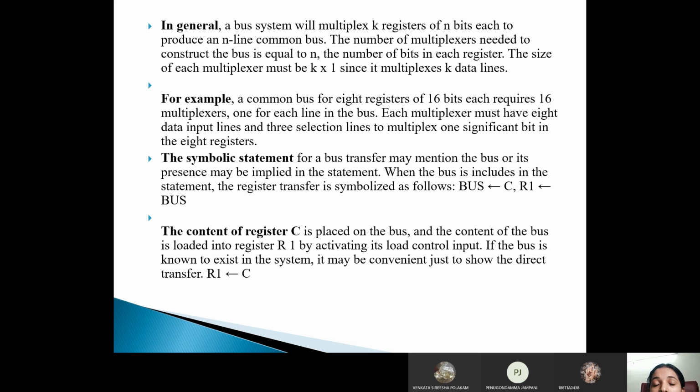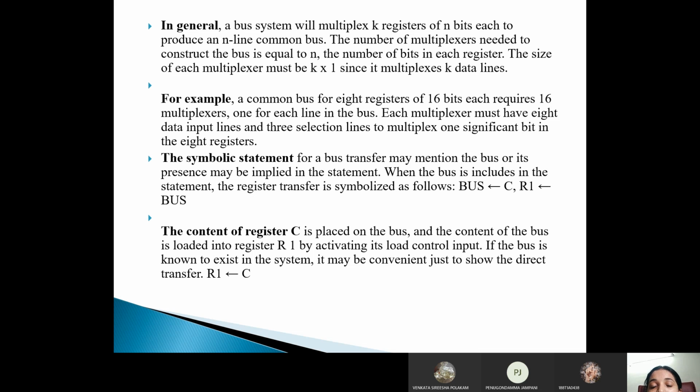The register transfer is symbolized using the bus. Here C is transferred to R1, with an arrow given to the bus. Whatever information is available in C is placed in the bus, and whatever information is available in the bus is moved into register R1. So the control register C is placed in the bus, and the content of the bus is loaded into register R1 by activating its load control input.